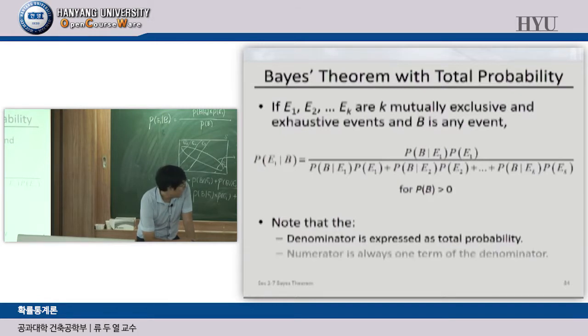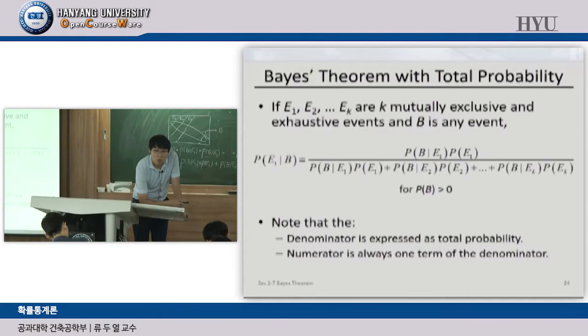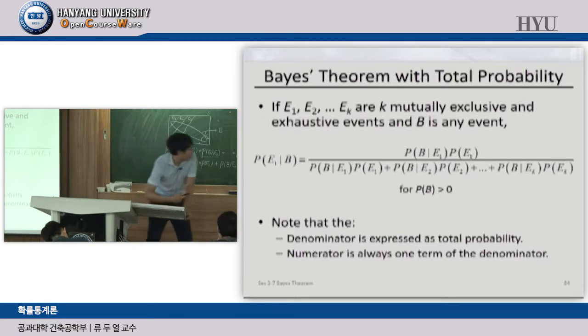And the numerator, which is called 분자, is always one term of the denominator. Why? Because the numerator is one part of the denominator.